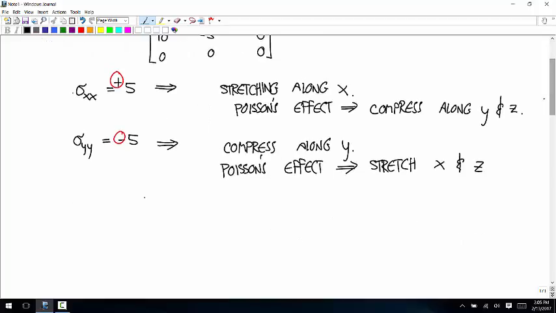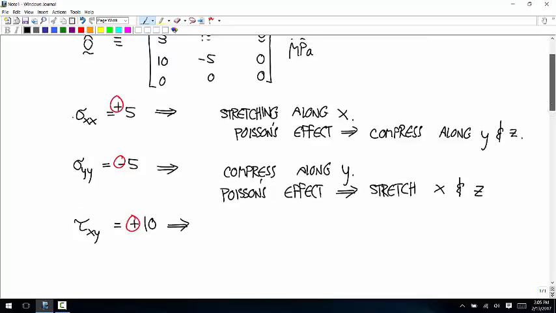And then the shear stress in the xy position is positive 10, in the matrix.